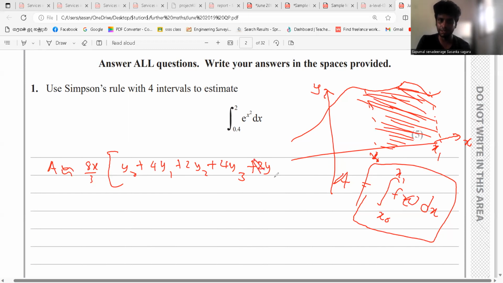It will end up with this one, y4. Right, okay. It's nothing else.